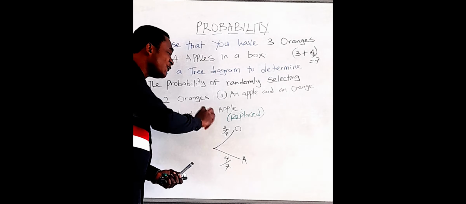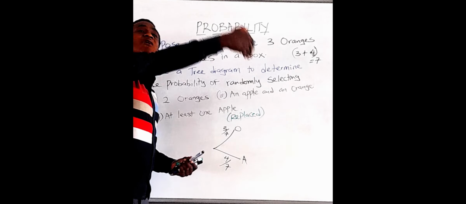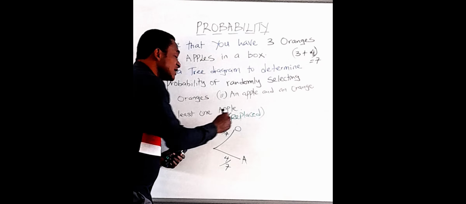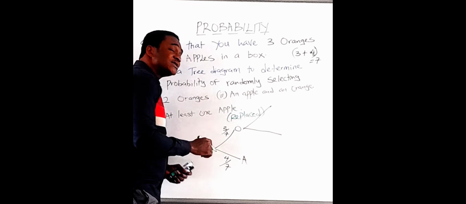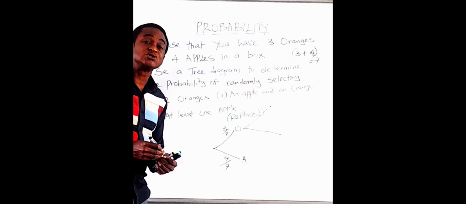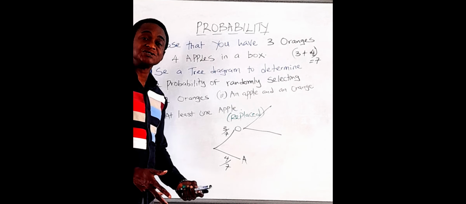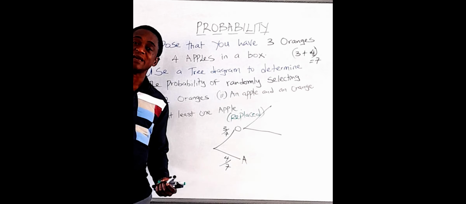The second, if we replace it, this is the first action. To have our second action, if we have replaced the first one, then we have a second branch. For this second branch, remember, if we are selecting something from the box, we don't know what we are going to select. We have apples and oranges. So when we dip our hand, it could be an orange, it could be an apple.